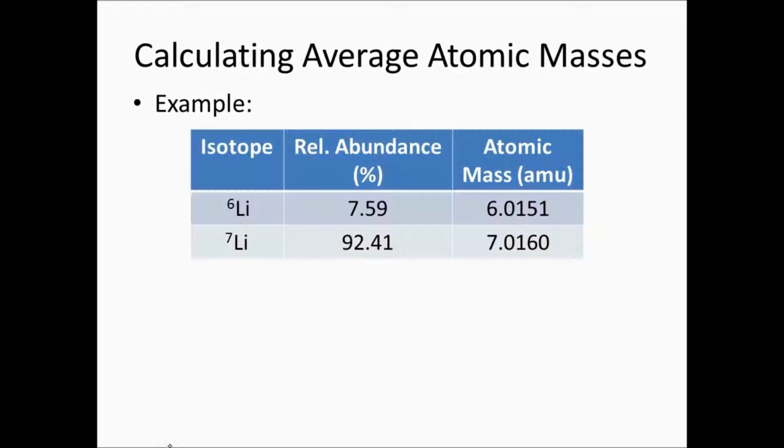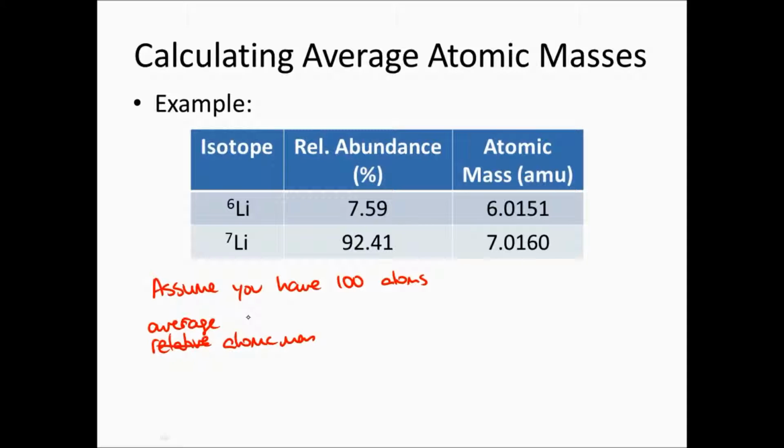So what you do is you assume you have 100 atoms. So in this case, the average atomic mass here is this.